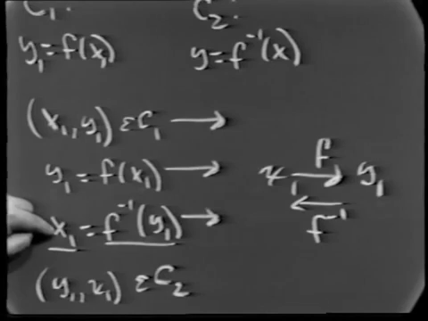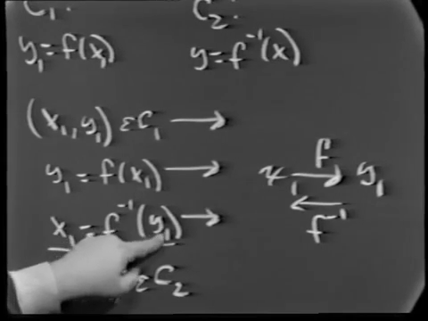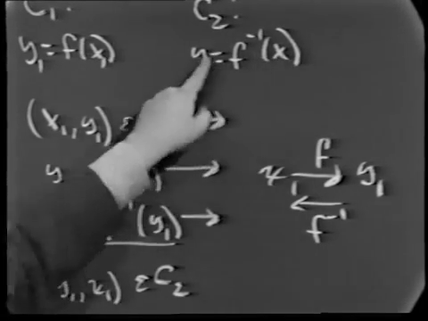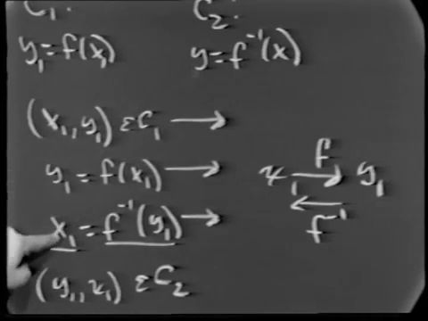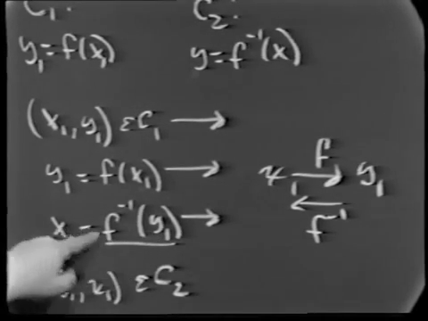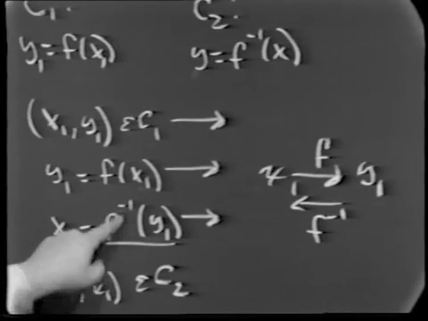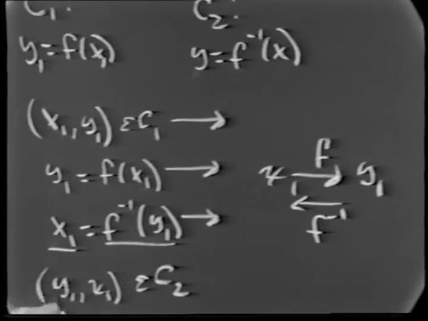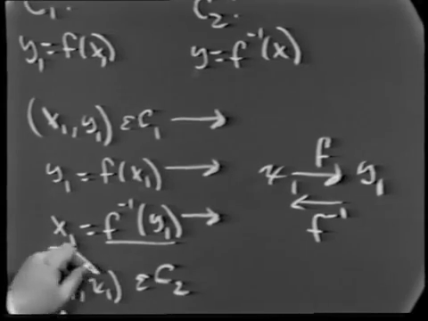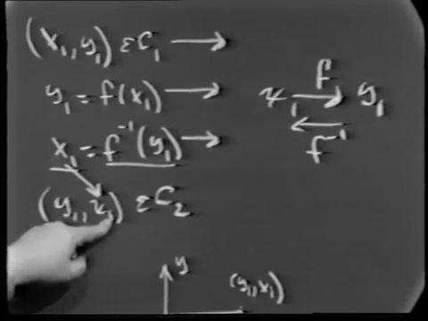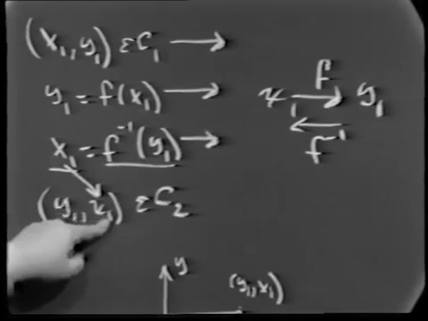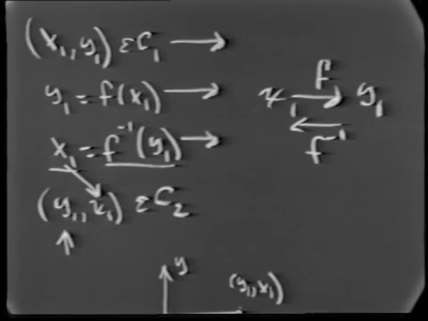This says that the input y1 maps into the output x1. Notice that if you look at the f inverse situation here, when the input is y1, the output is x1. That's another way of saying that (y1, x1) belongs to the curve C2.